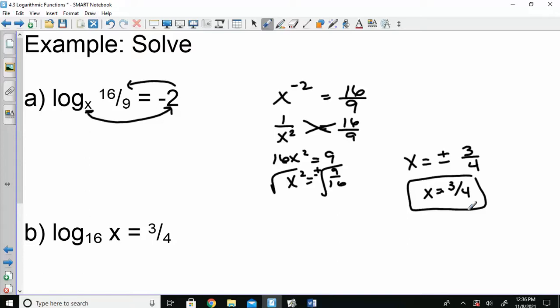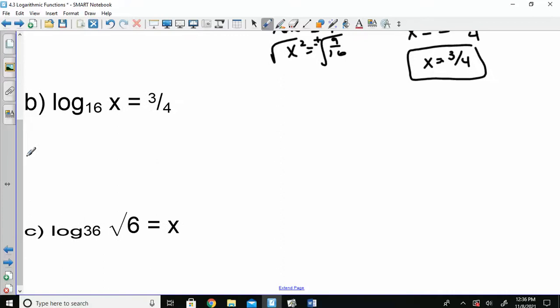Alright. Let's go ahead and do B. So in exponential form, this is 16 to the 3/4 power equals x.